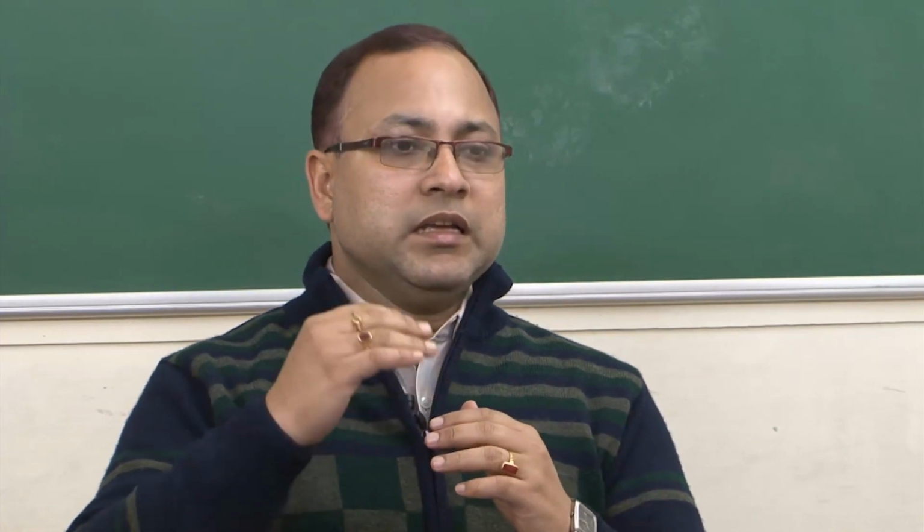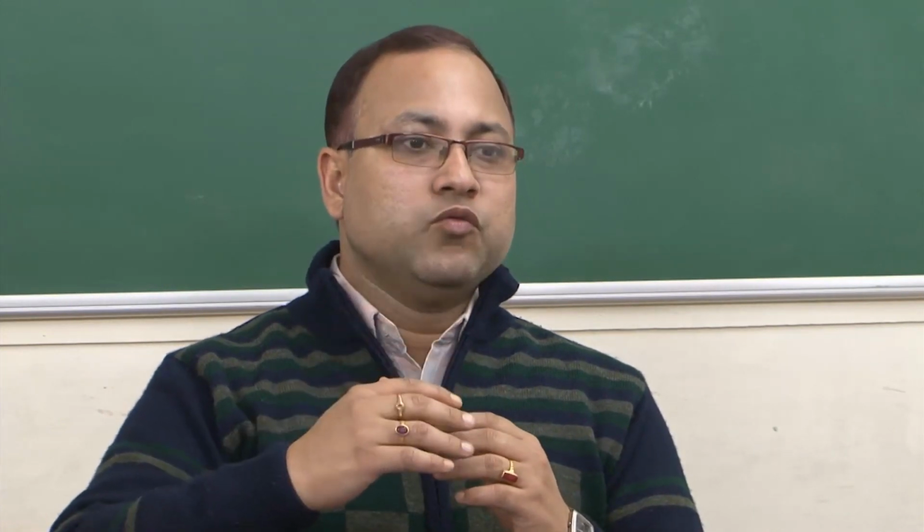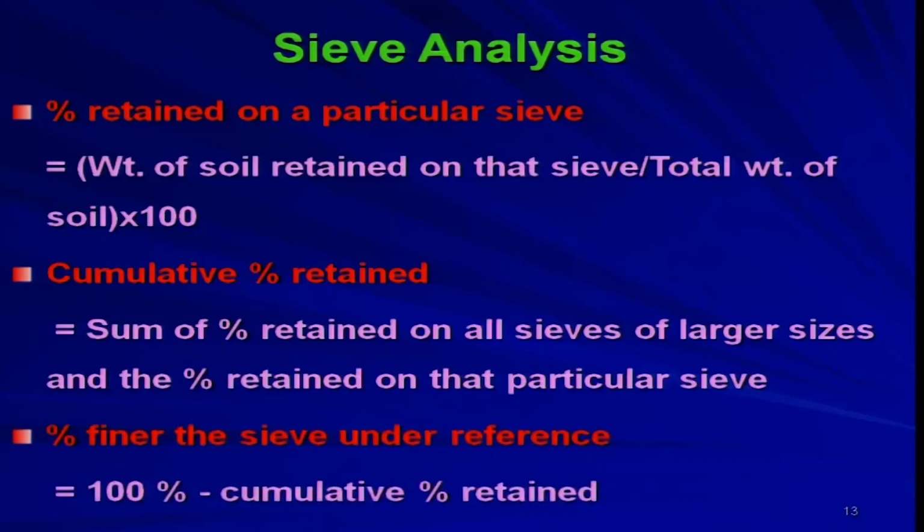When I calculate the cumulative percentage retained, I will be considering whatever is retained on that particular sieve plus whatever is retained on the sieves which are on top of that particular sieve. So, total cumulative percentage can be calculated based on the stacked sieve retention.